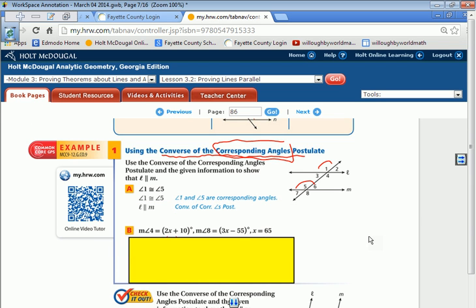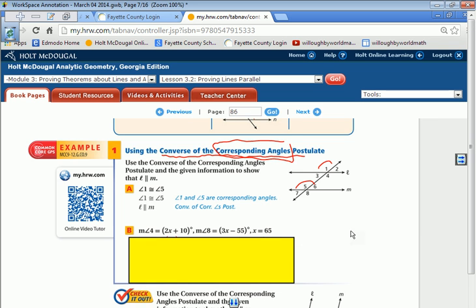Converse switches the hypothesis and conclusion. So our regular postulate says if two parallel lines are cut by a transversal, then corresponding angles are congruent. This says if corresponding angles are congruent, then the lines are parallel. So we're switching the hypothesis and conclusion.